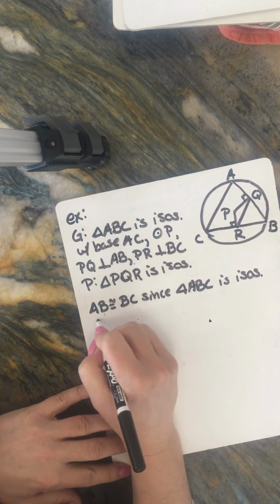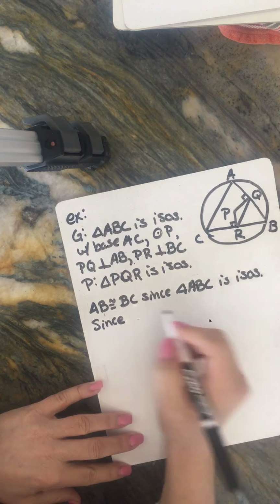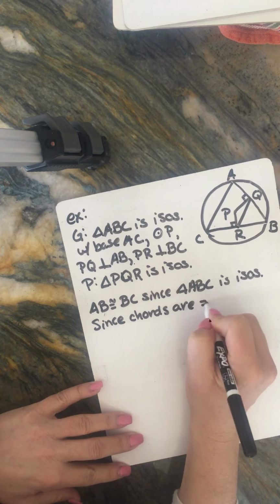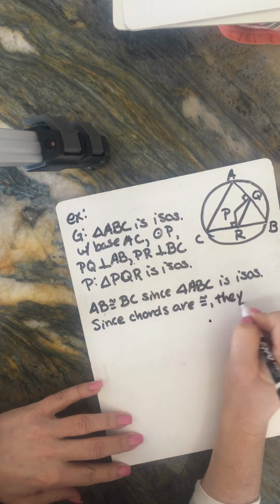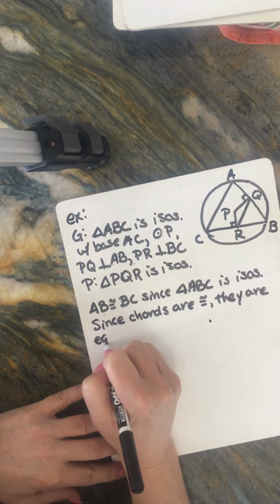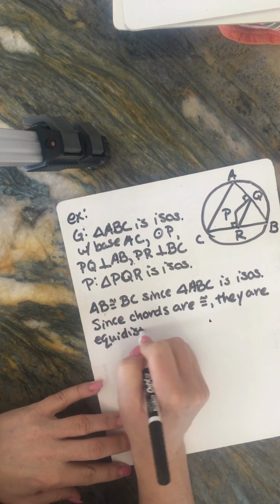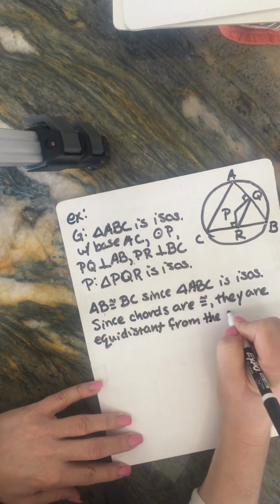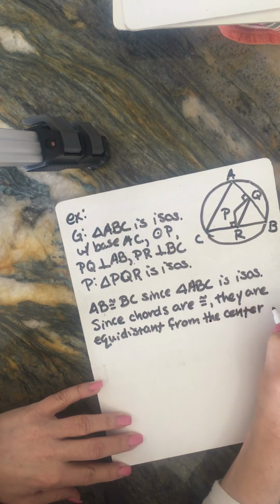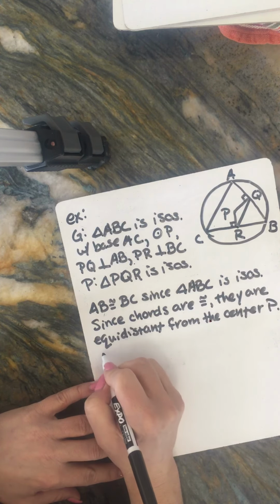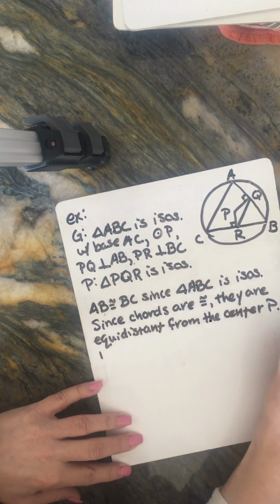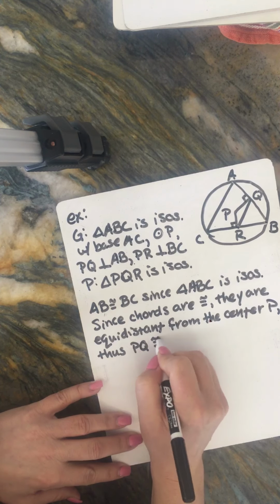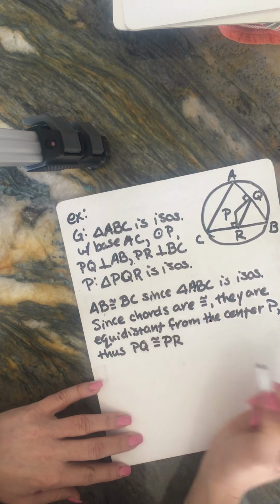So that means that since chords are congruent, they are equidistant from the center P. Thus, PQ is congruent to PR.